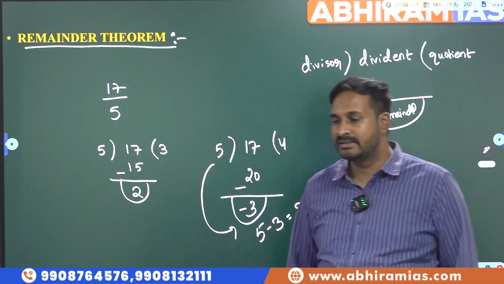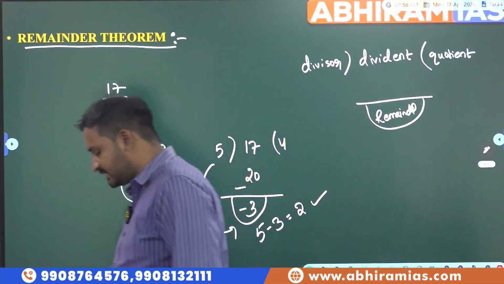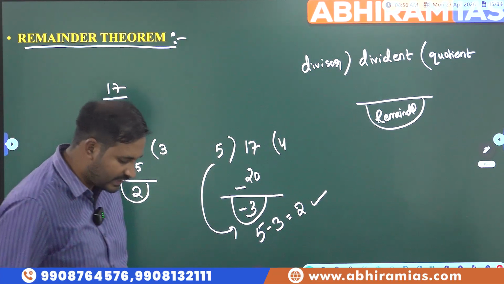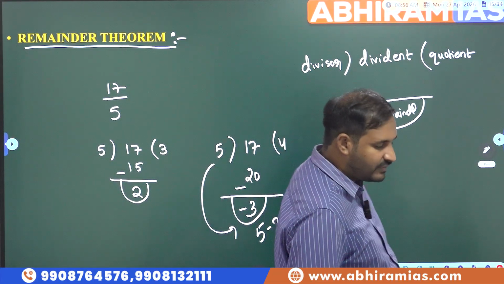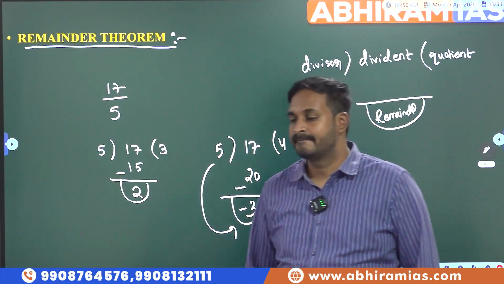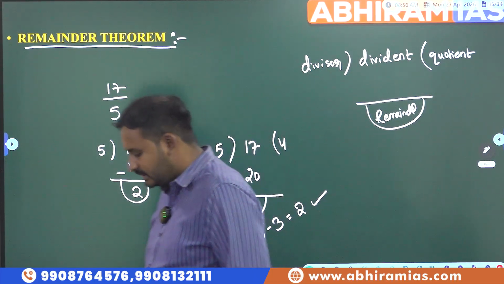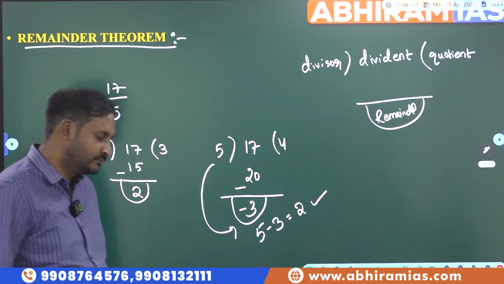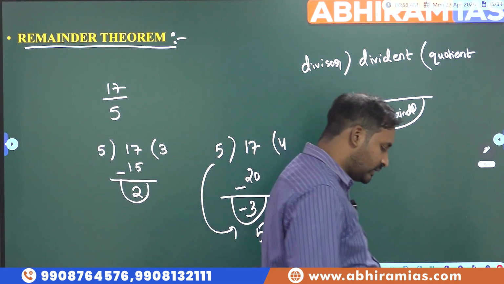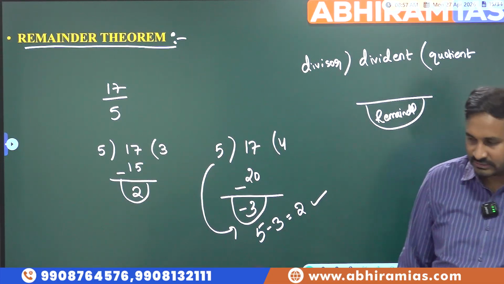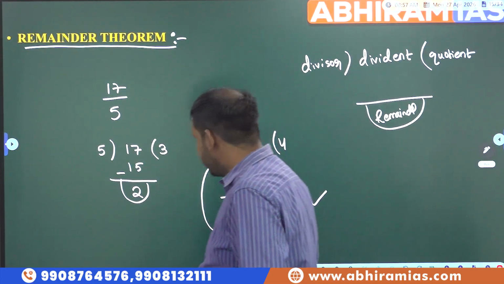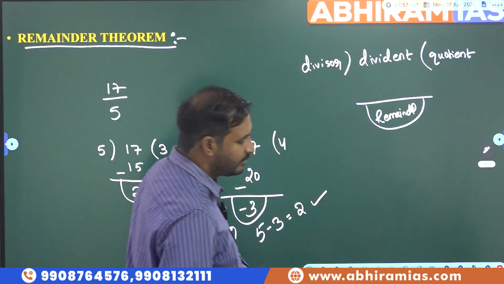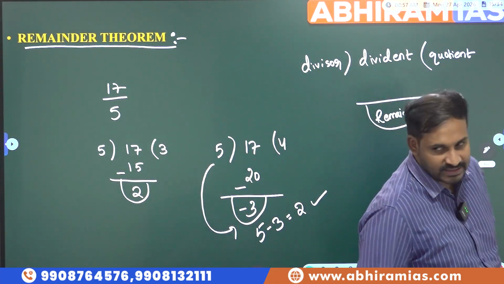But when we write the final answer, we convert the negative remainder to a positive one by subtracting it from divisor.